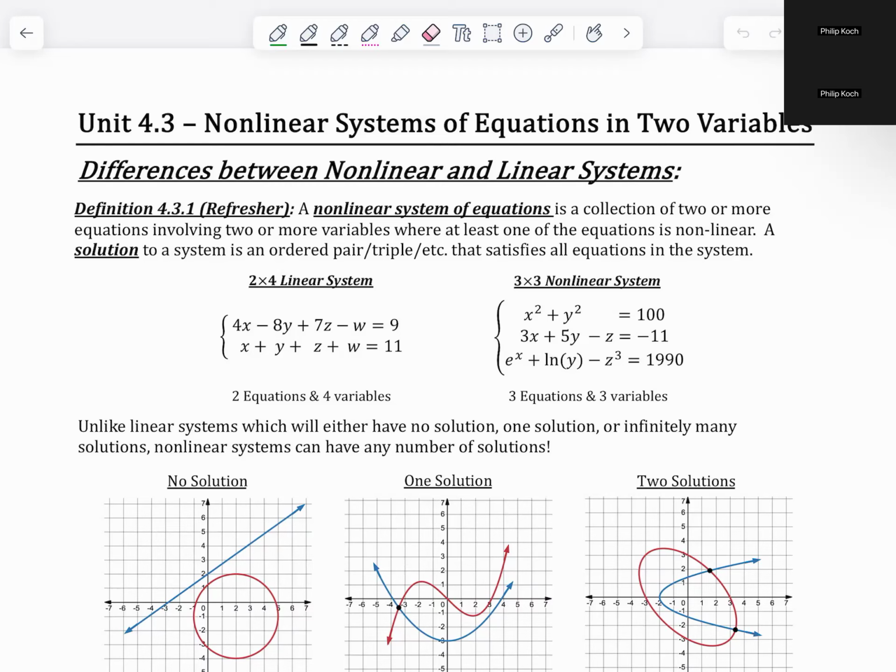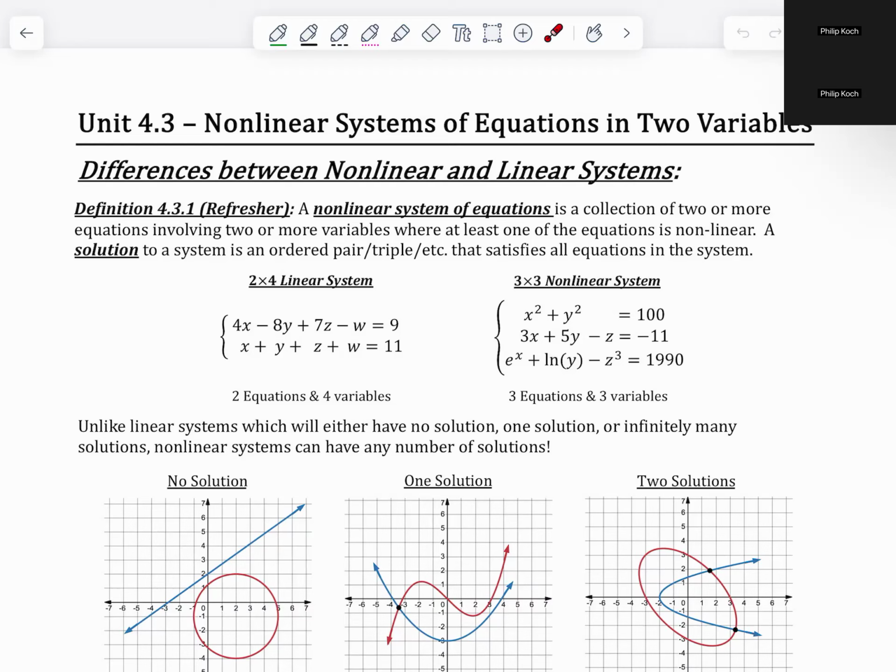In the 2x4 linear system that we've got here, notice that all the variables are raised to the first power, and they're all basically multivariable polynomials. Whereas in the 3x3 system next to it, there is an x squared and a y squared. Notice that there is a linear equation in it, but as long as there's one equation that's nonlinear, it makes it a nonlinear system.